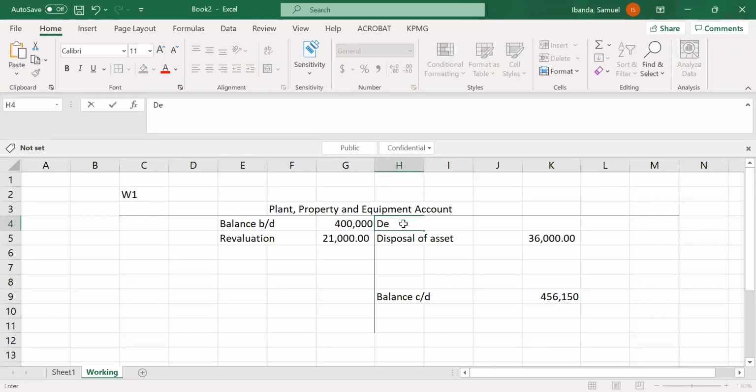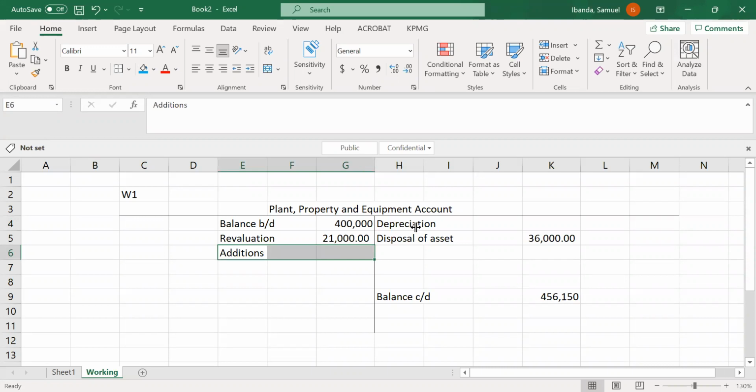Depreciation is supposed to be here. Well, any additions will be reflected here, okay? But right now we have two values. We have the value of the additions and the value of depreciation that we have to find.